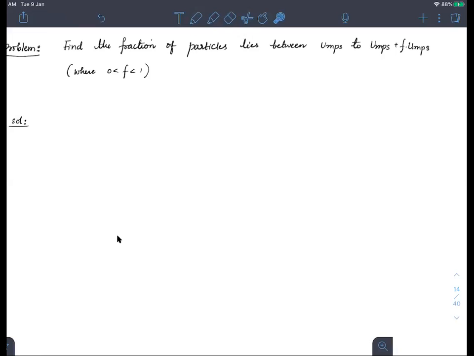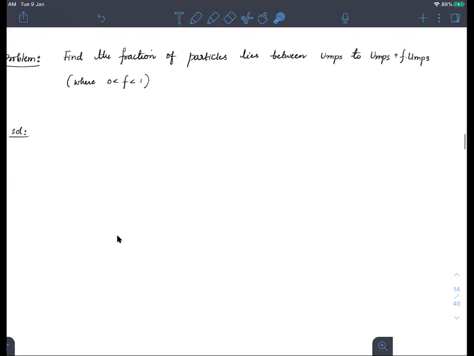Now, here this year also there was a question based on this fraction. Instead of C, I could have used this as U most probable to U most probable plus DU. This is what we have solved. What if instead of giving DU, he has given some fraction multiplied by URMS, U most probable.